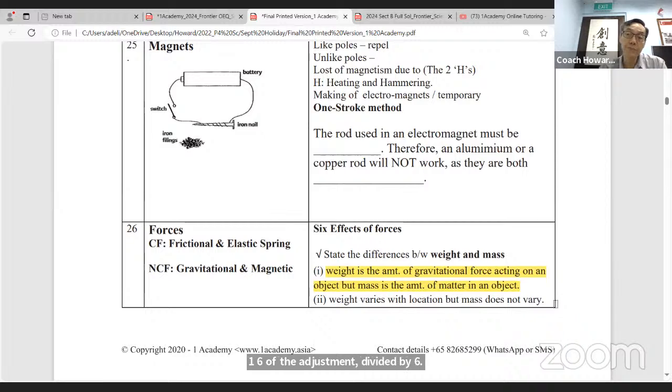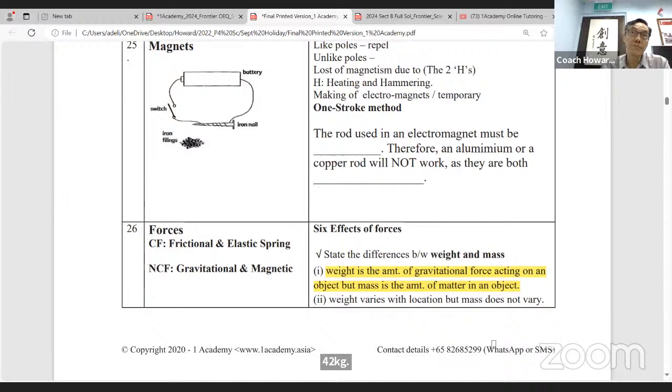In P6, you learn about weight, but you do not know the actual unit of weight, which we'll learn in secondary 1. The actual unit of weight is newtons, but in primary 6 and primary 5, they use kilogram. For simplicity's sake, for example, I just assume that most P6 students weigh about 42 kilograms.